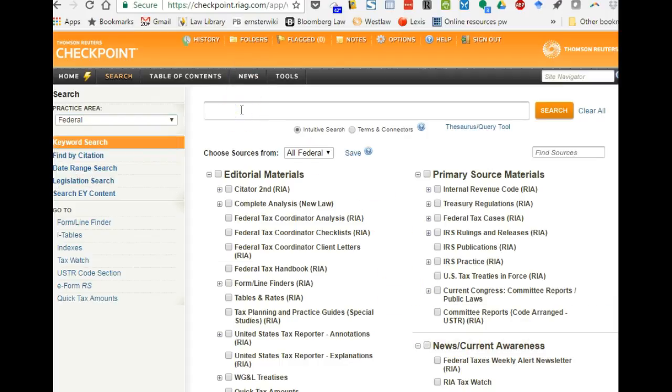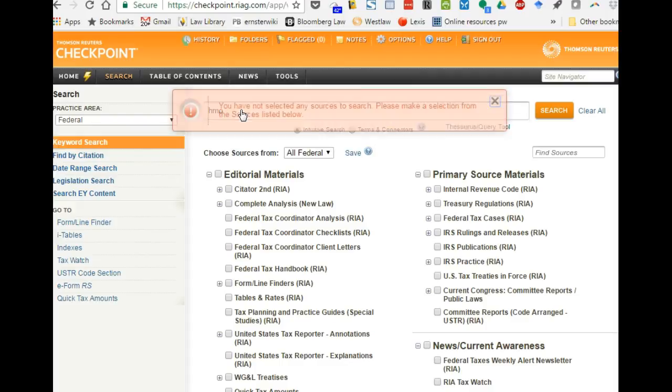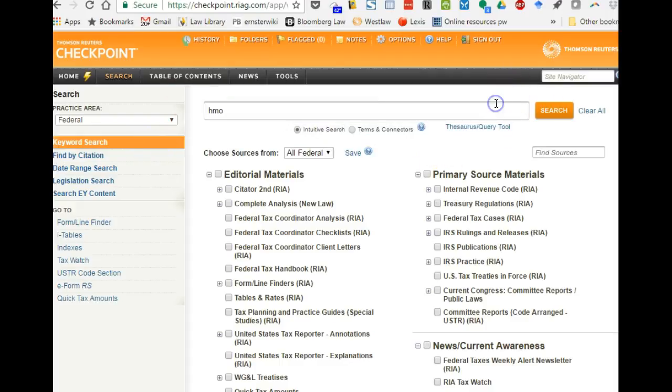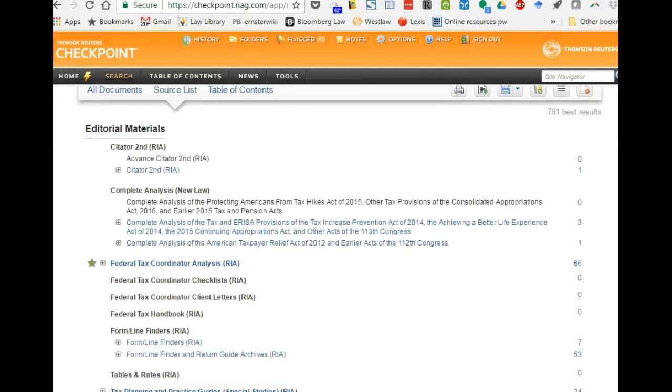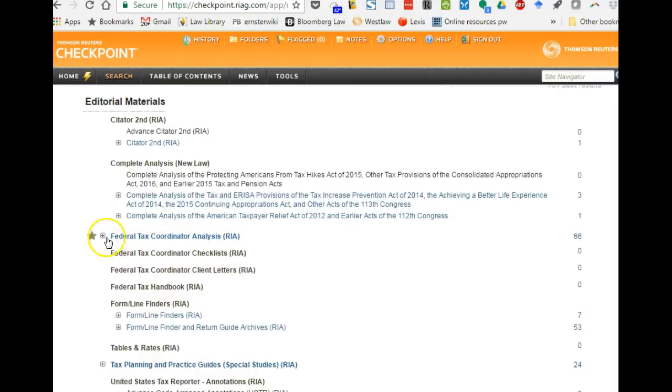And as I have been saying a whole lot, oh, I didn't select search, shame on me. So let's just, I might want to look at federal tax coordinator analysis.